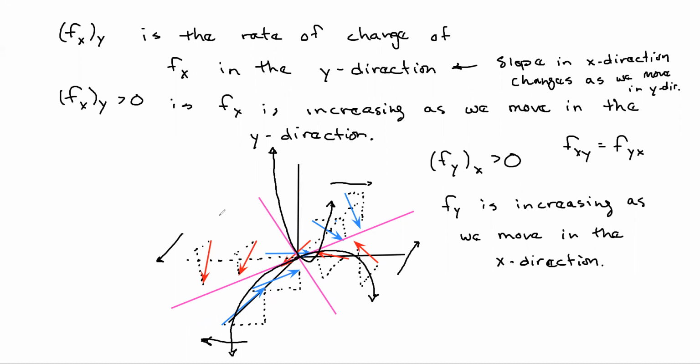And so if you look at what the mixed partials represent, they represent a saddle point type structure. The more positive the mixed partial is, the more accentuated this structure is going to be.